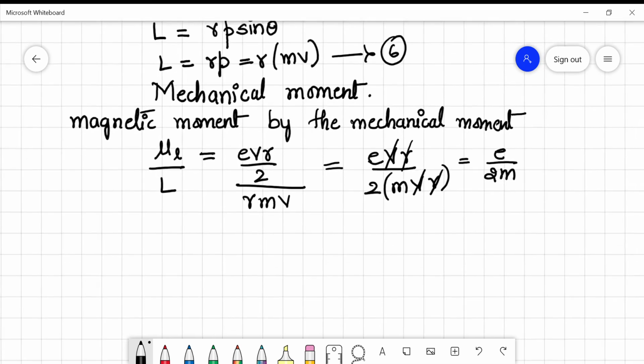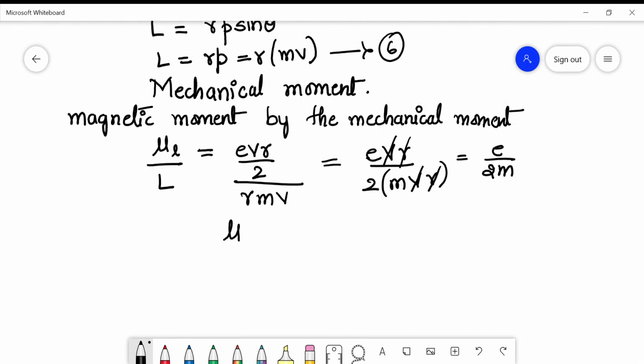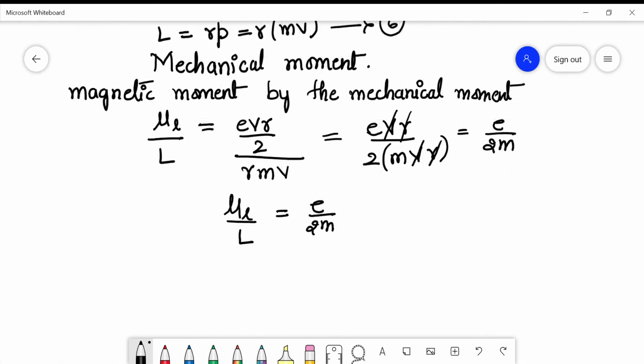Now mu L divided by L is E divided by 2M. If you look at this equation number 7, the right hand side doesn't involve the radius of the orbit, or the size of the orbit or the shape of the orbit, right?